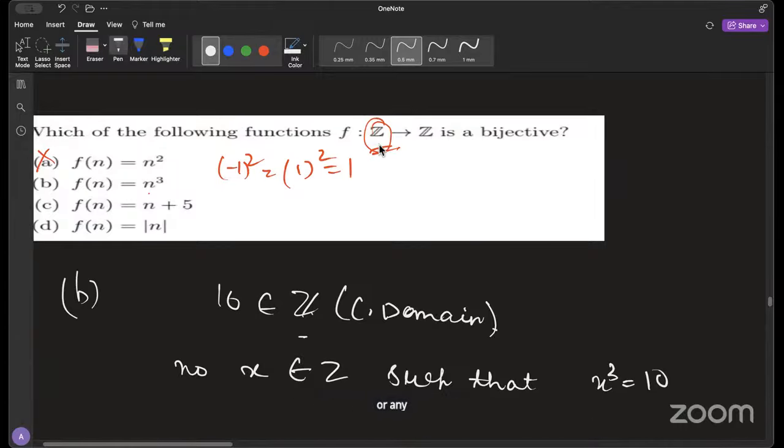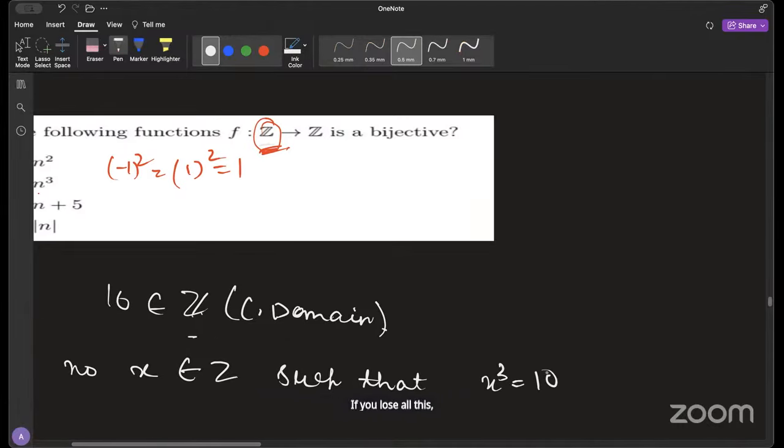Because your domain is integers, you need an integer, and there does not exist any integer such that the cube of an integer is 10. No integer's cube is 10, right? If you solve this, you will get the cube root of 10.